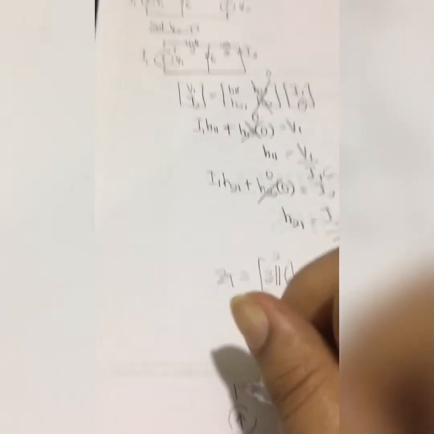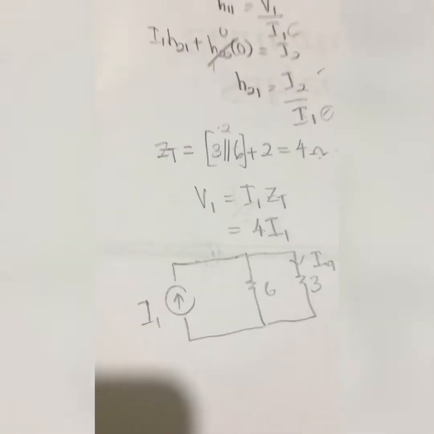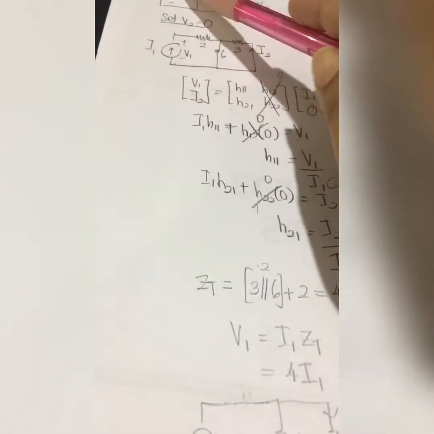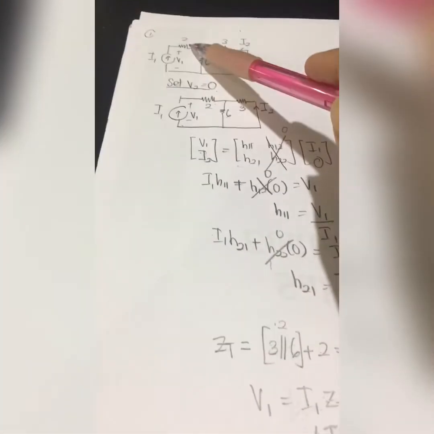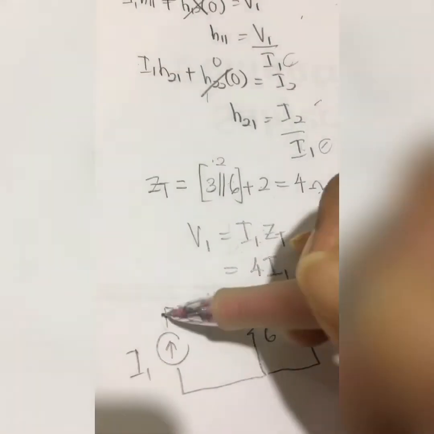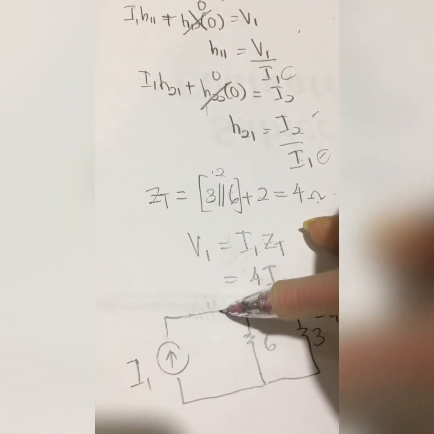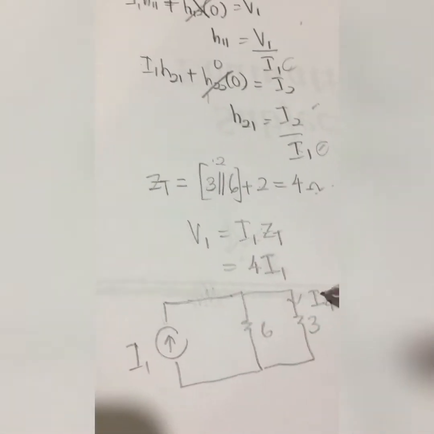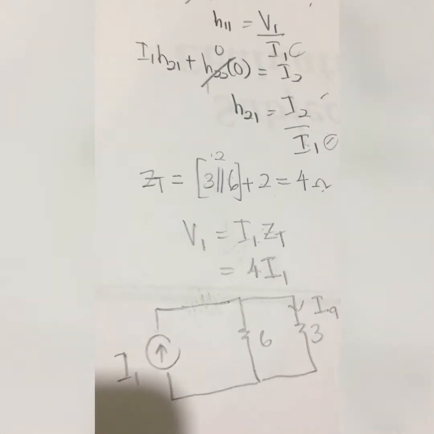So by using CDR, we can actually ignore this resistor, since we already know current that flows to the 2 ohm resistor. So we can directly use this current to calculate what is current flow at this branch.